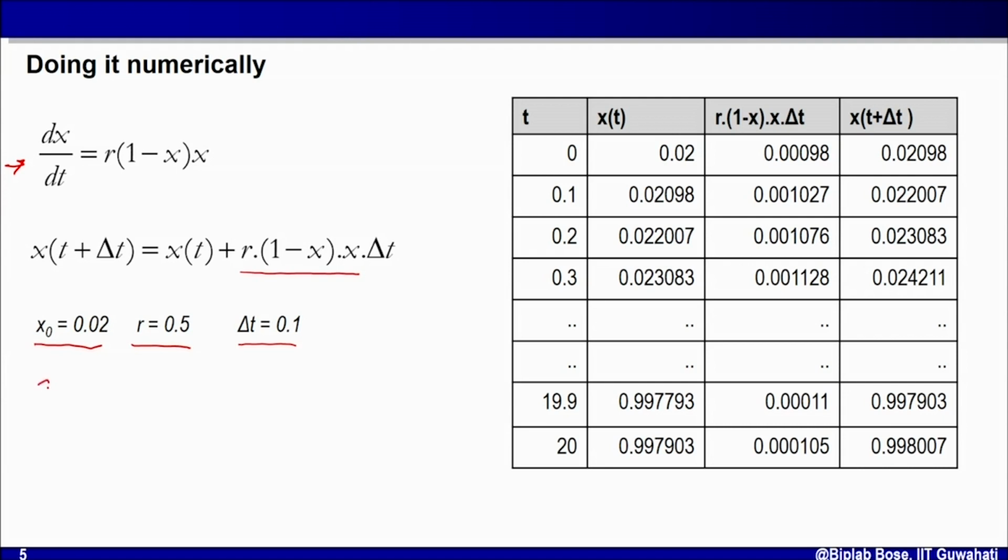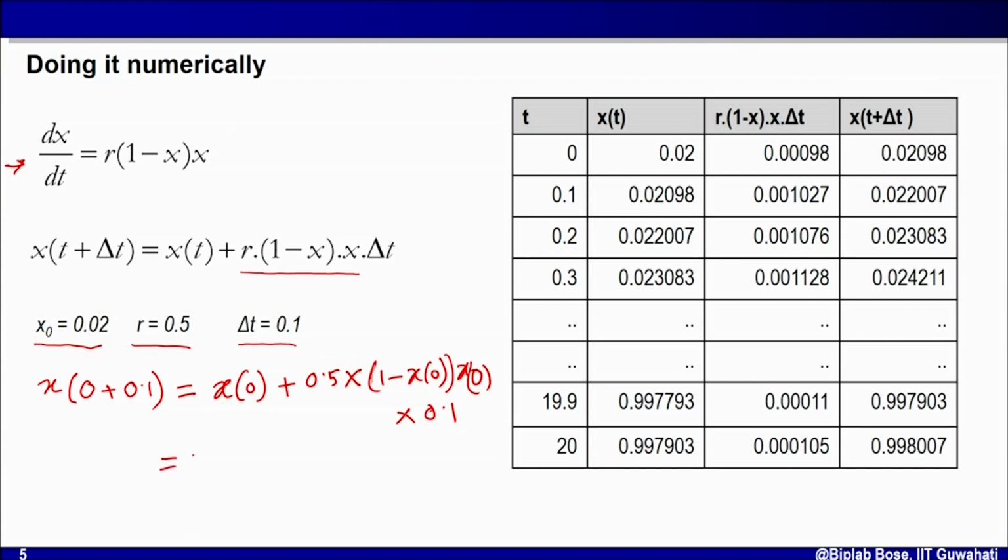So x at the next time point, that is 0 plus 0.1, will be equal to x at time 0 plus r, which is 0.5, into 1 minus x at 0, into x at 0, into delta t, which is 0.1.